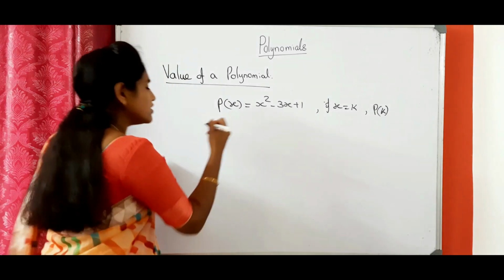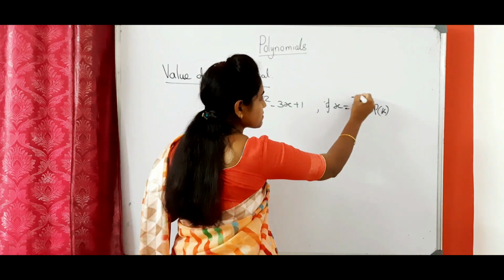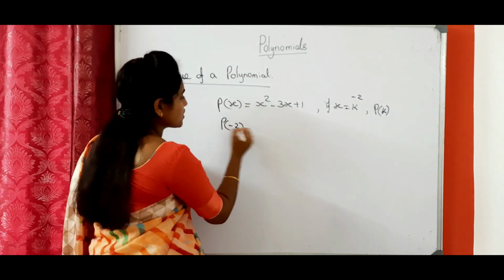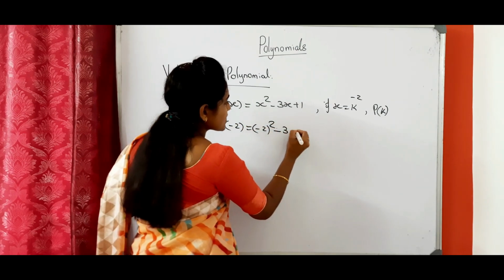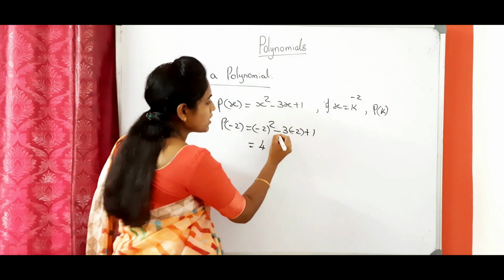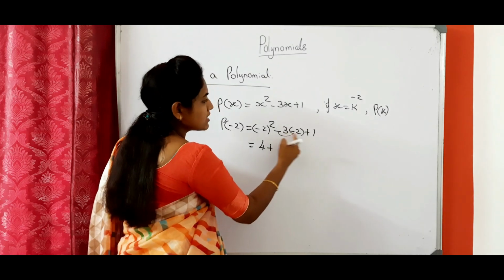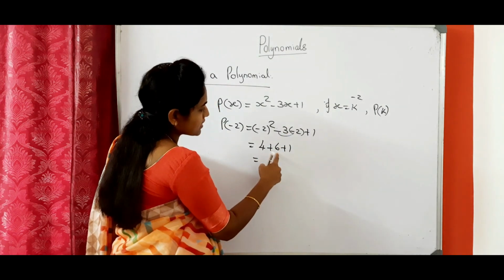So, let us just try. I am taking the k value as minus 2. So, p of minus 2 equals minus 2 the whole square minus 3 into minus 2 plus 1. So, minus 2 the whole square is 4, minus into minus is plus, 3 twos are 6, plus 1 equals 11.